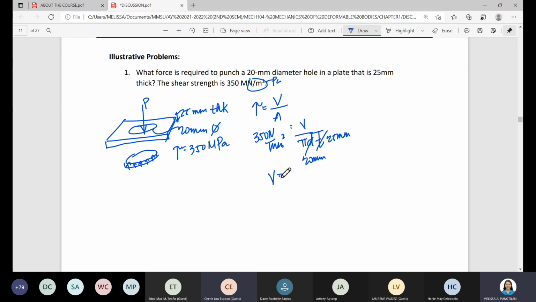Therefore, the shear force is equal to 549,778.71 Newton, or 549.78 kilo Newton. So this is the required force we need to punch a hole that is 20 millimeter in diameter. Okay?